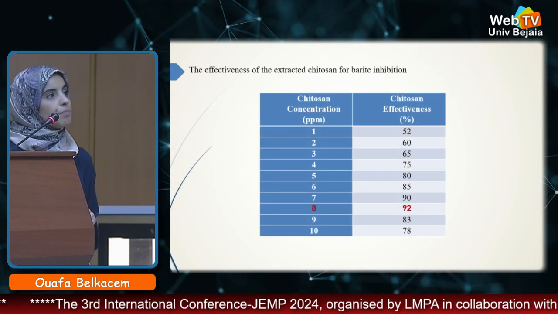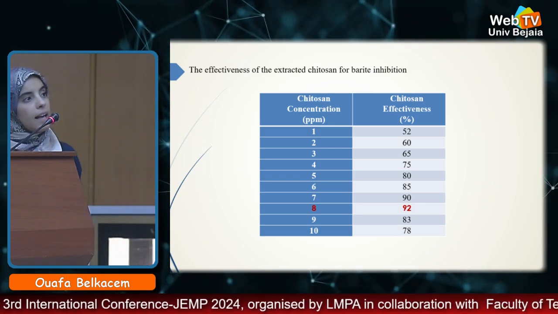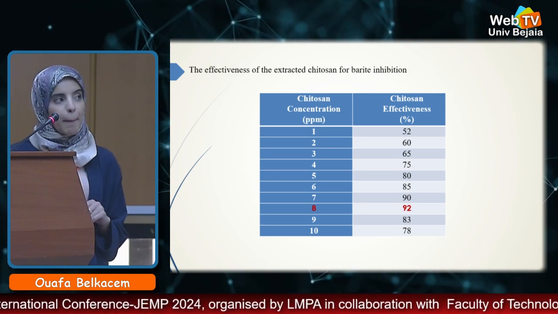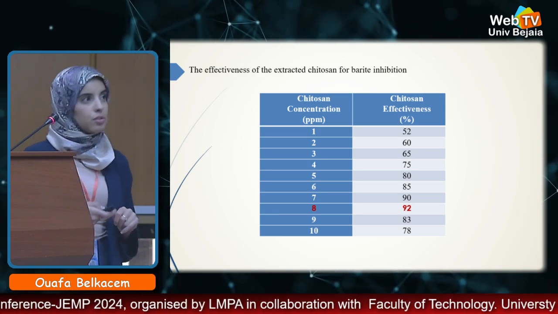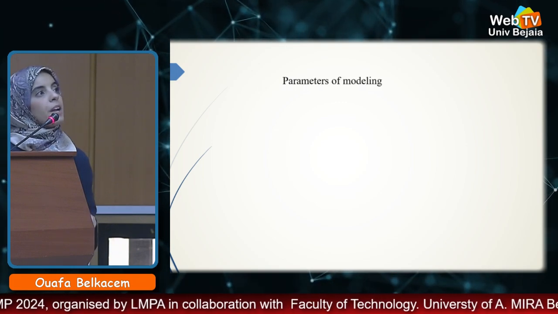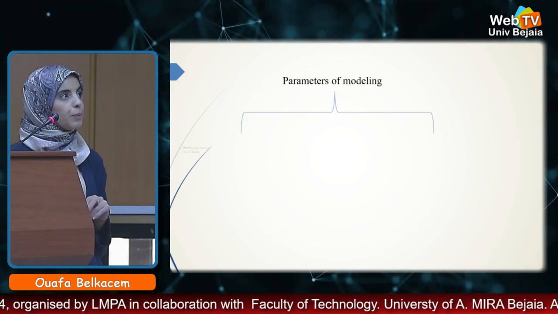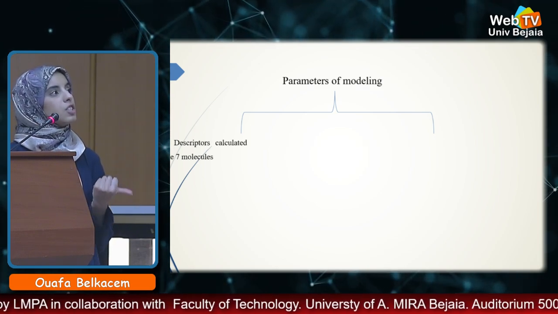Results and discussion. The efficacy of ketosane was 92% at 8 ppm, and it is very satisfactory. The parameters of modeling: the first step was to calculate the descriptors.